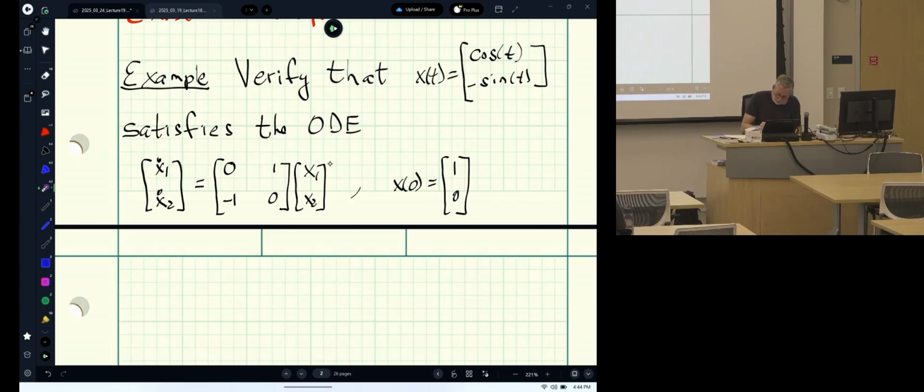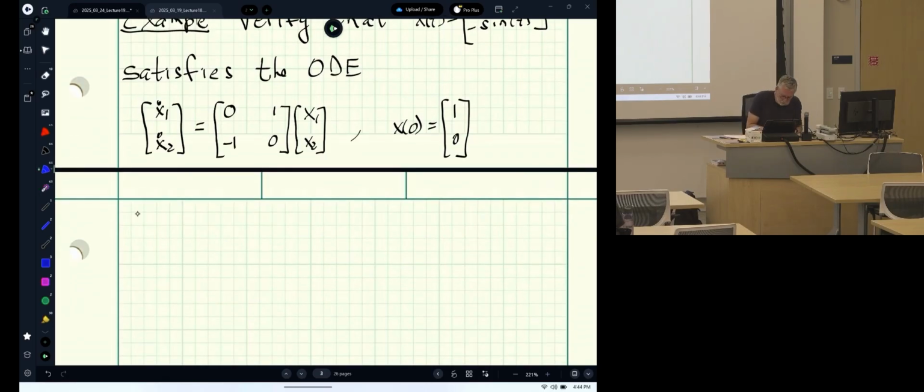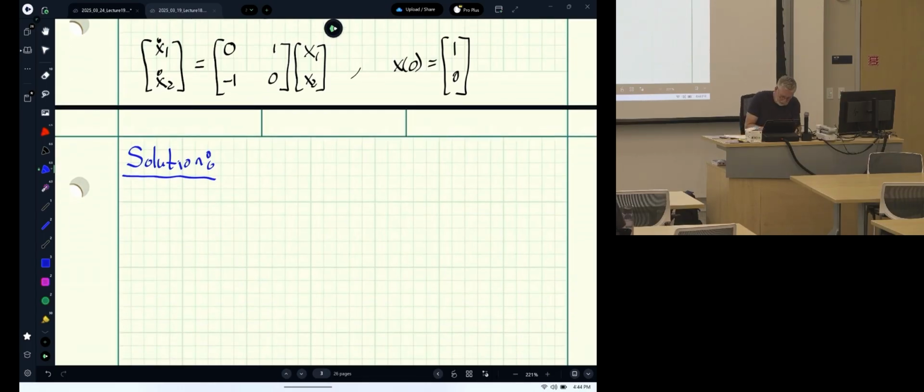I put x on the right, so I'm going to multiply by this matrix 0, 1, minus 1, 0, and I need left-hand side equals right-hand side. It's that simple. Okay, so solution. I want to do this enough so that it becomes automatic. So check the initial condition.